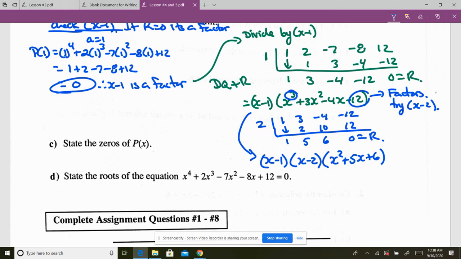Remainder is 0. Now we're happy because why? Do you know how to factor a quadratic? What multiplies 6 and adds 5? 2 and 3. So then it becomes x minus 1, x minus 2, x plus 2, x plus 3.